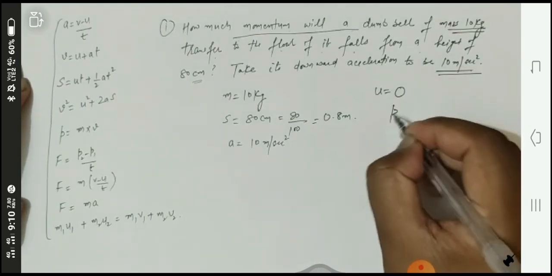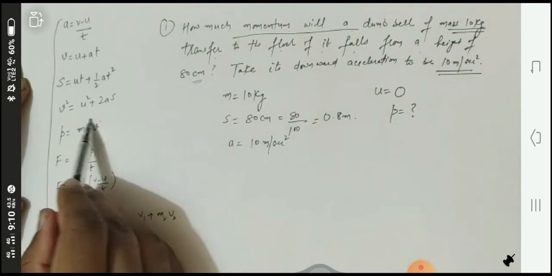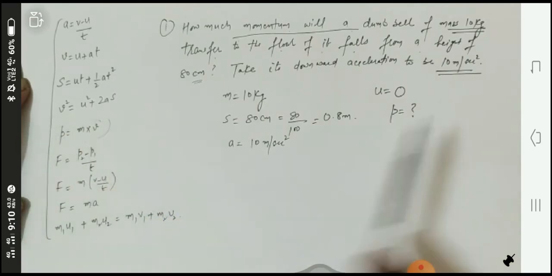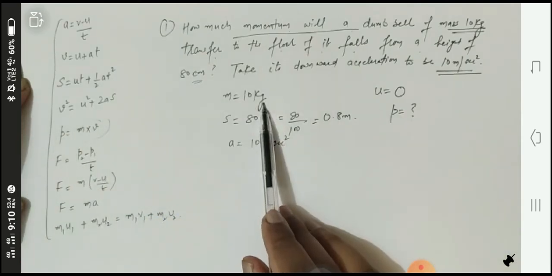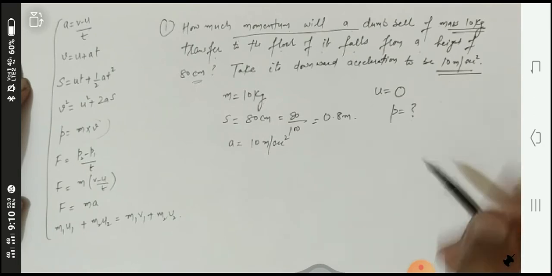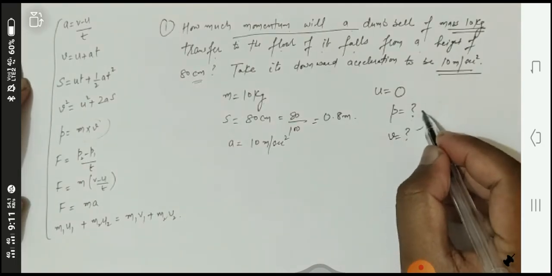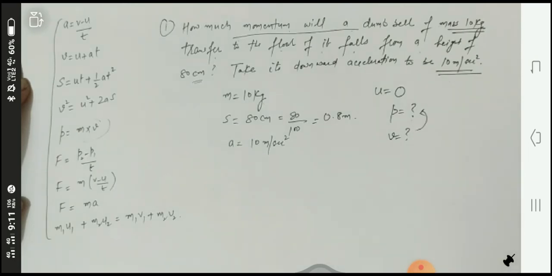We need to calculate momentum. According to the formula, momentum is mass into velocity. We're given the mass, but we don't know the final velocity. So first we need to calculate the value of v, and then put it in this relation to calculate momentum.